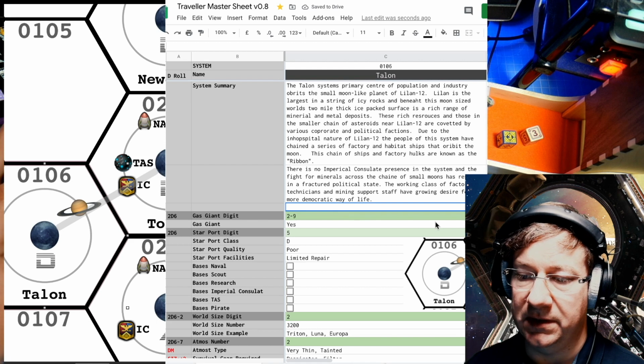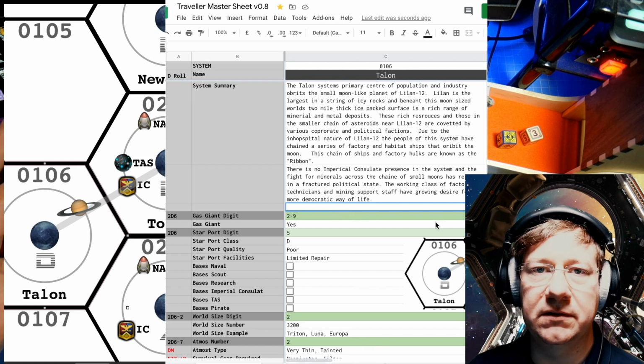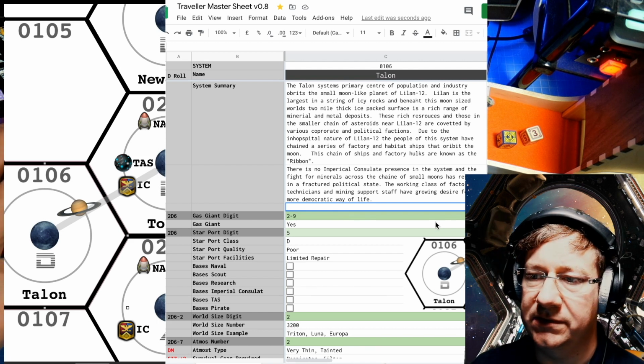Then I'll say something about the physical things. So I've just been thinking that the actual planet, the moon's surface itself, is ice.